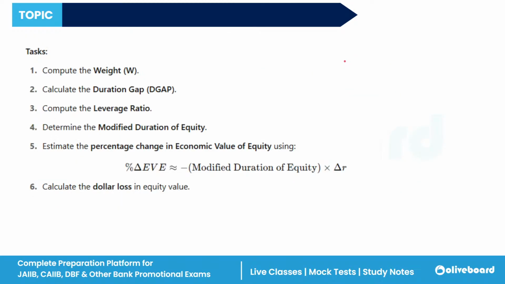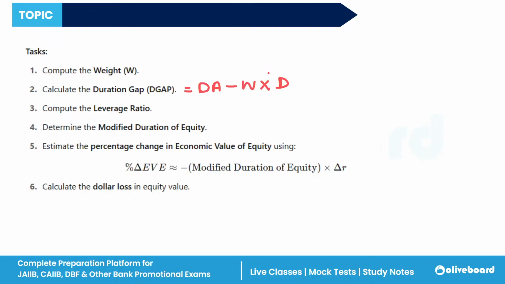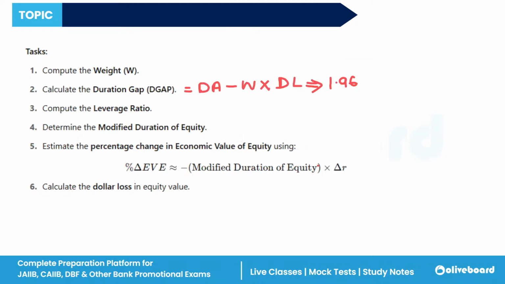Now the duration gap formula is DA minus weight multiplied by the modified duration of liabilities. So just calculate it. DA is given as 1.96, then minus the weight, which is 1.02, and DL is given as 1.25.